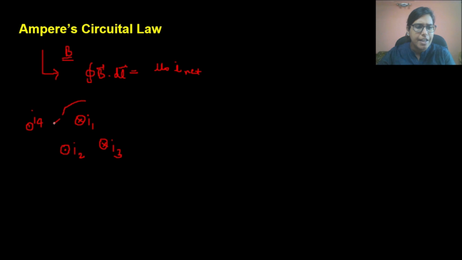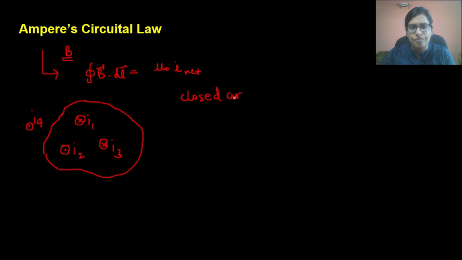Now if we take a closed loop like this, then the line integral around this closed curve, first of all in Ampere Circuital law we take a closed curve, and the line integral for this will be B dot dl.